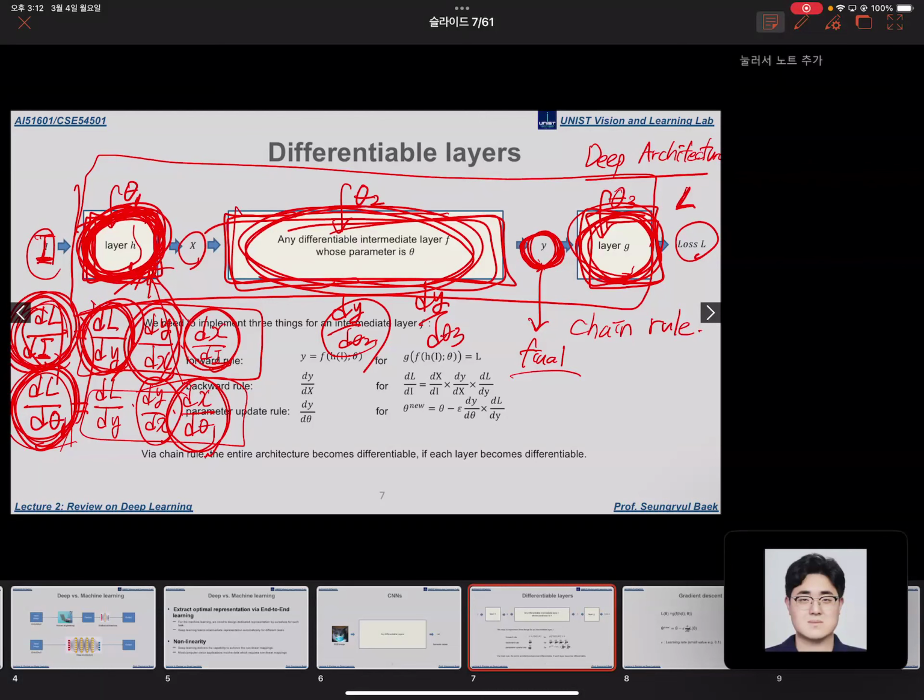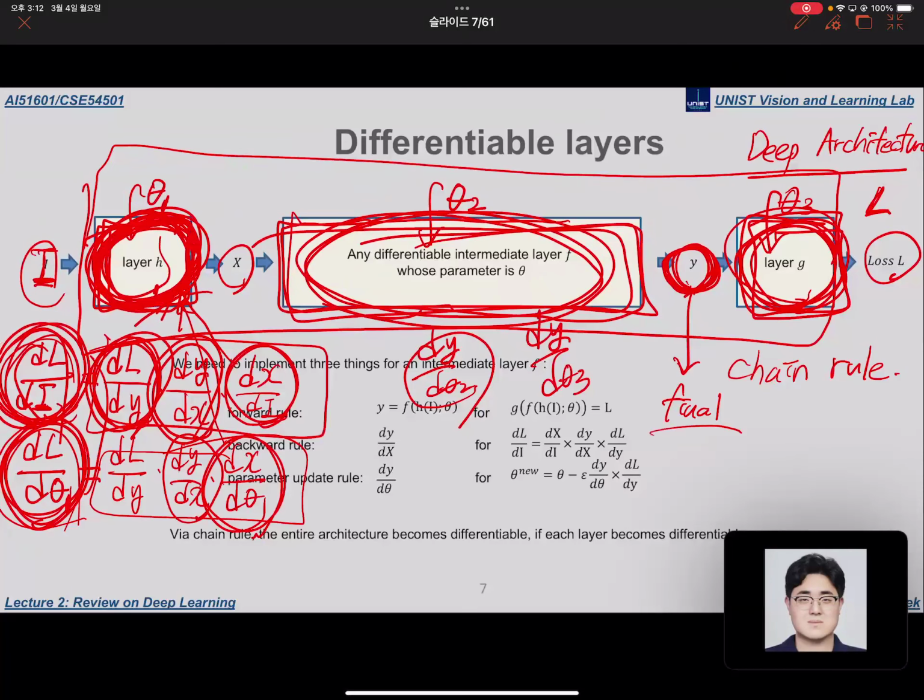Okay, sorry, I'm not sure why it happens. Anyways, the mapping from the final prediction to the loss L is also differentiable. You can interpret it as a differentiable layer as well, right?